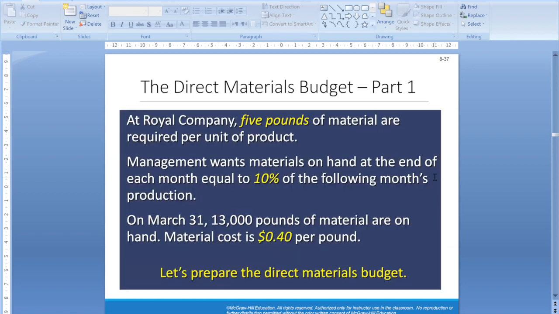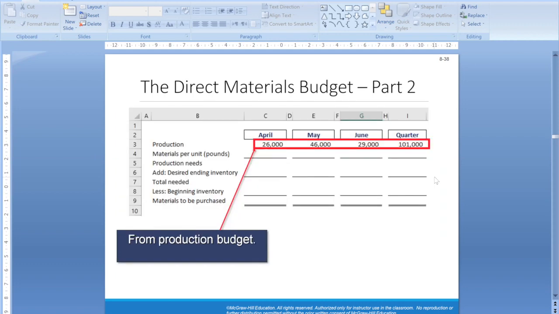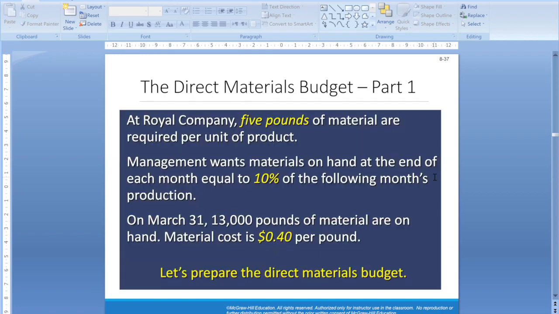Go back to the question. According to the question, each unit needs 5 pounds of material. So suppose the first line is tables, the second line will be 5 pounds of material available to produce the 26,000 tables. The materials per 1 unit given in the question is 5.